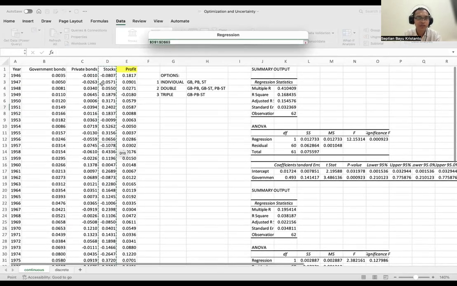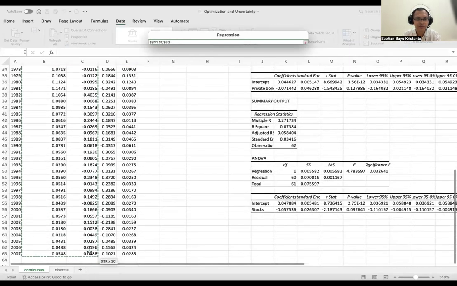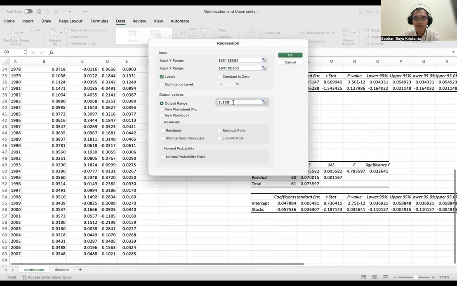Let's make the combination of government bonds and private bonds.